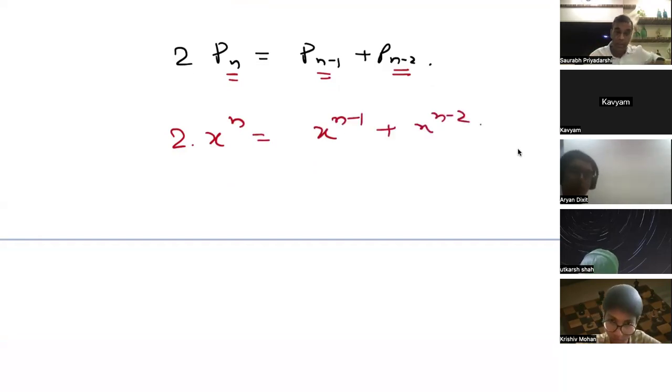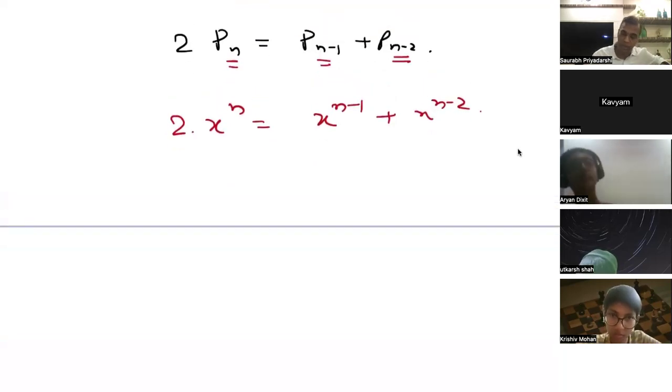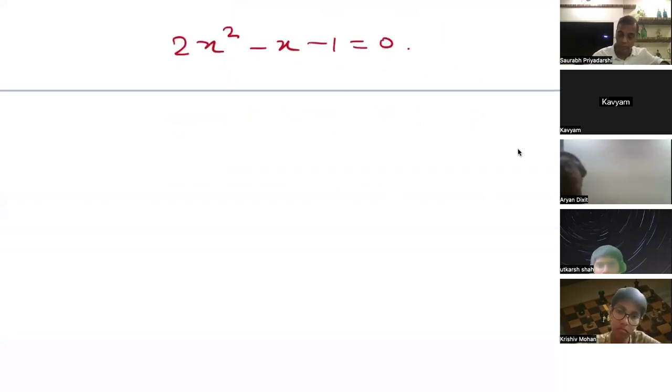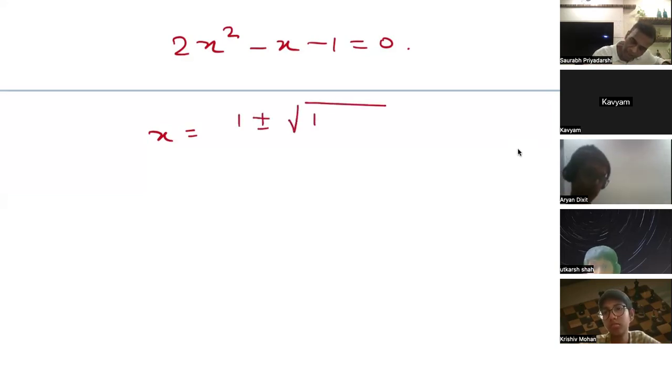Canceling x to the power n minus 2, I get 2x square minus x minus 1 equal to 0. It's a quadratic equation; I can factorize it or use the Sridharacharya formula, minus b plus minus under root of b square minus 4ac by 2.